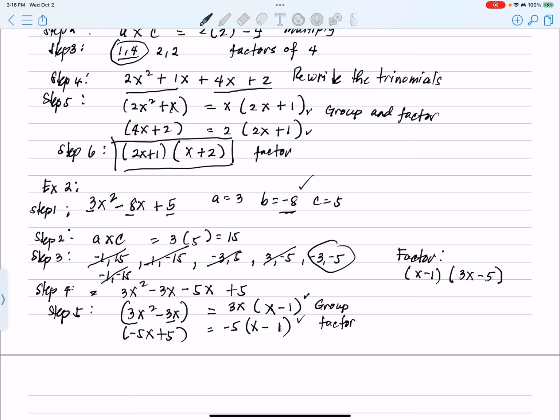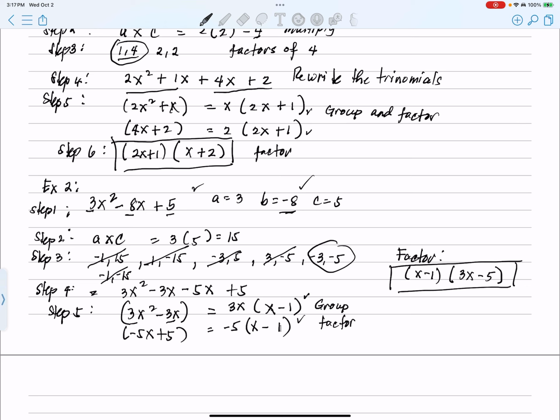So you have your factor, 3x minus 5 times x minus 1. When you do the FOIL method, you will land with the answer of 3x squared minus 8x plus 5.